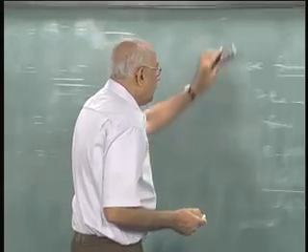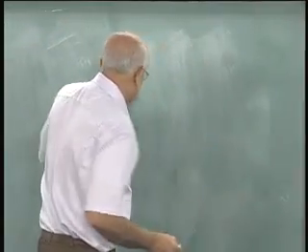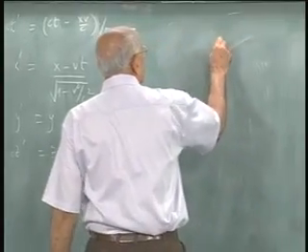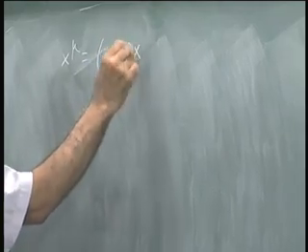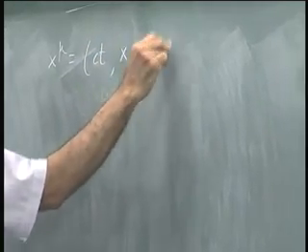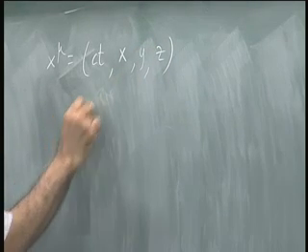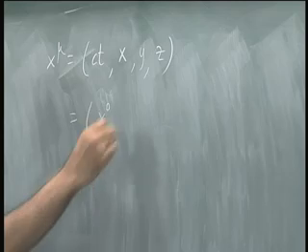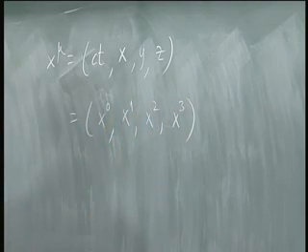The standard way of writing this is now to introduce a 4-dimensional vector. So I will introduce x mu equal to ct, x, y, z, and I will call this x0, and I call these x1, x2, x3.